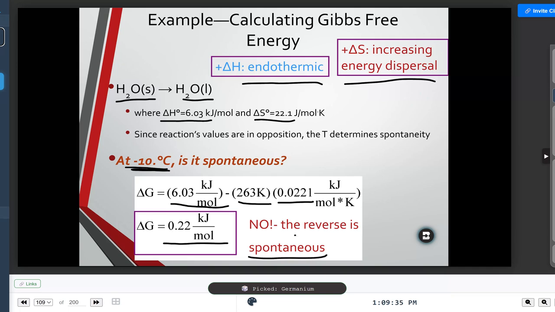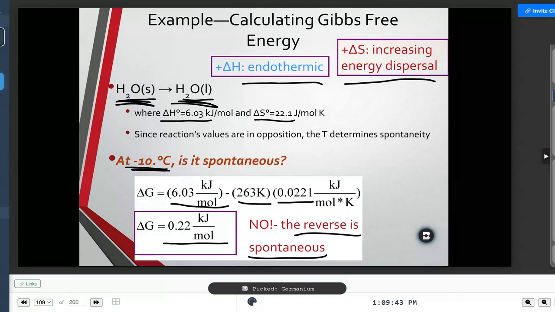But look at this. This is kind of cool. The reverse, remember, is spontaneous. So think about it. Negative 10. Does ice melt at negative 10? No. However, is the reverse true? Does ice freeze at negative 10? Yes. And so at negative 10, you have a spontaneous situation of ice freezing, but not of ice melting, right?